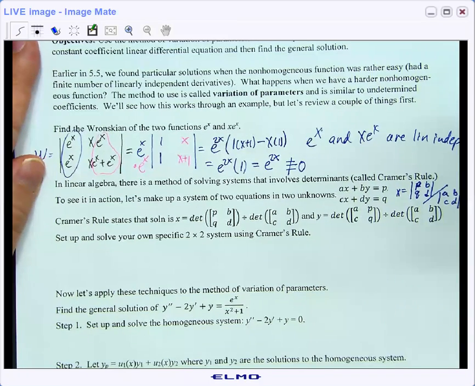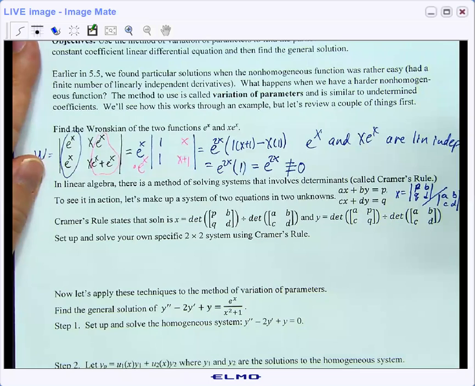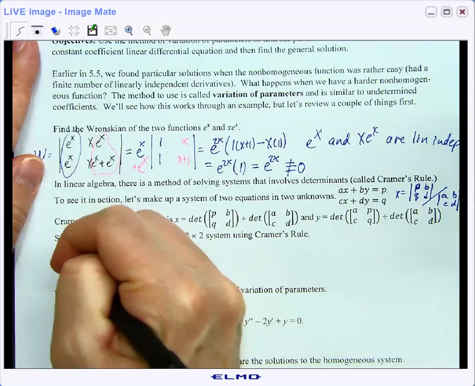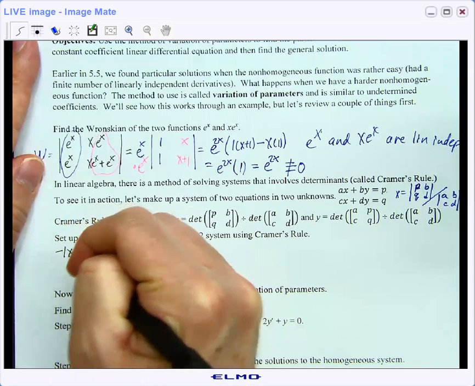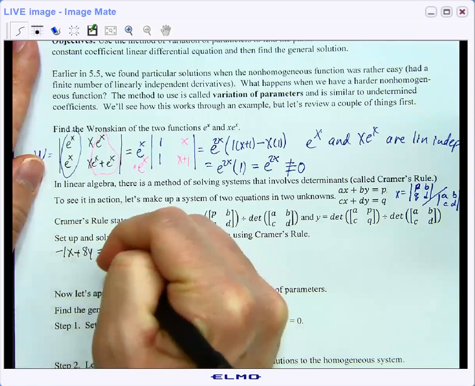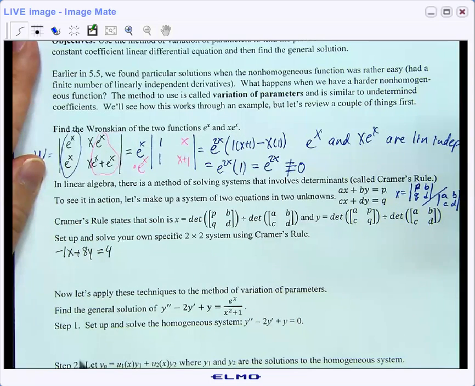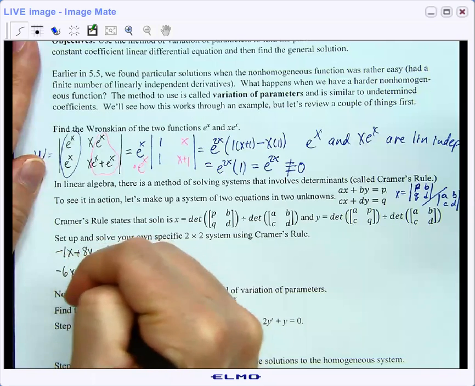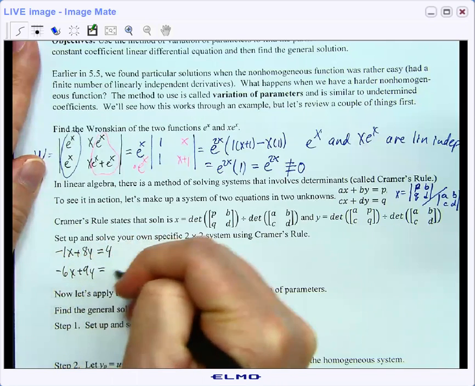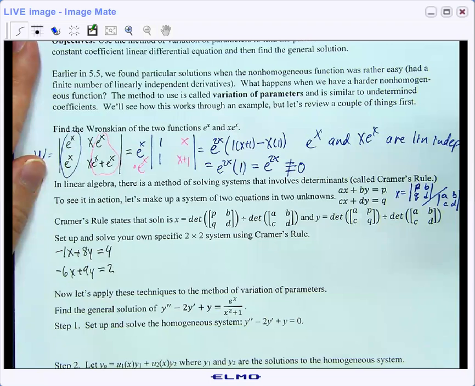To see how this works, I had my calculator randomly generate some numbers. And so I've got negative 1x plus 8y equals 4, and negative 6x plus 9y equals 2. And if we wanted to solve that, let's do that using Cramer's rule.